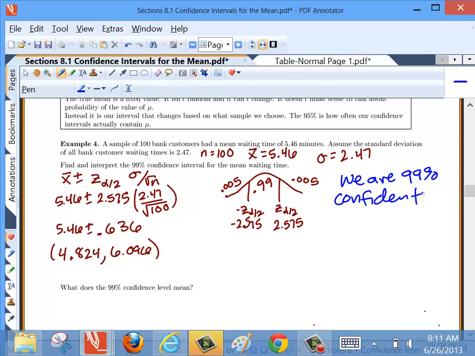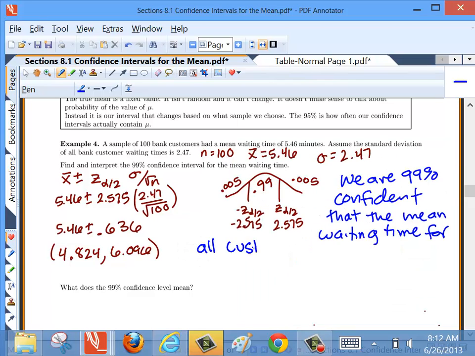What was our population? The population is probably all bank customer waiting times, so we're 99% confident that the mean waiting time for all customers is between 4.824 and 6.096 minutes.